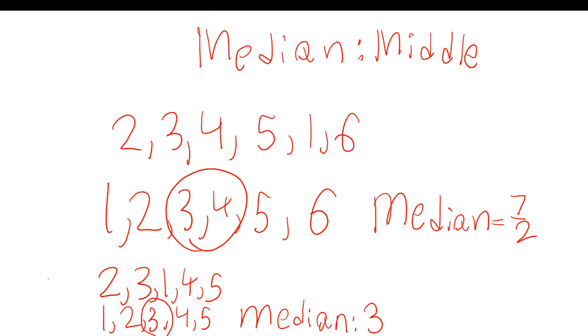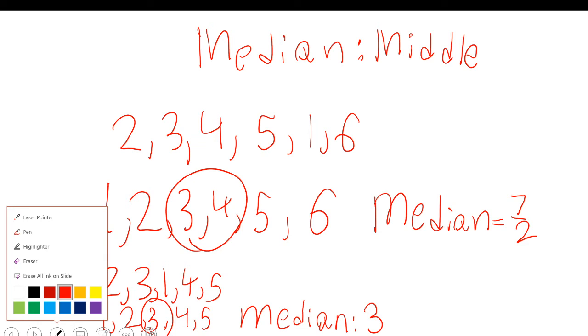Now on the same slide, we know what median is, so we're going to find what mode is. The mode doesn't appear too much in MathCounts, but when it does, it's important that you know what the mode is.